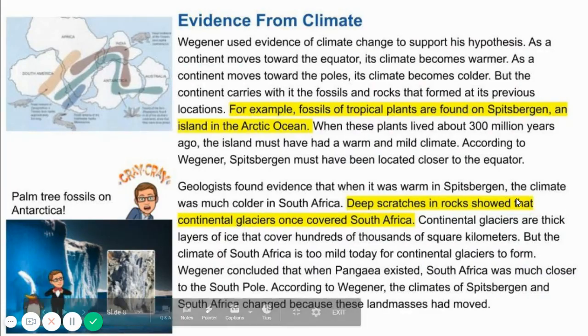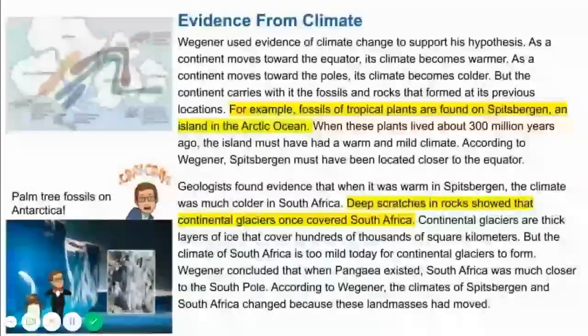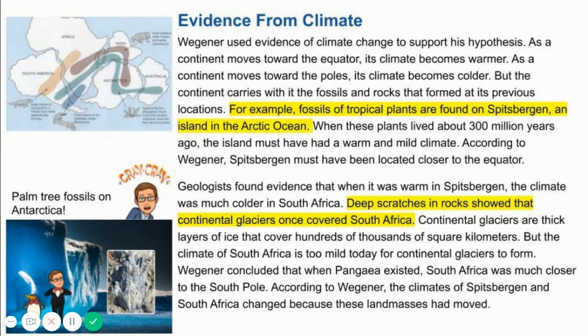What about evidence from climate? Wagner used evidence of climate change to support his hypothesis. As a continent moves toward the equator, its climate becomes warmer. As a continent moves toward the poles, its climate becomes colder. But the continent carries with it the fossils and rocks that formed at its previous locations.